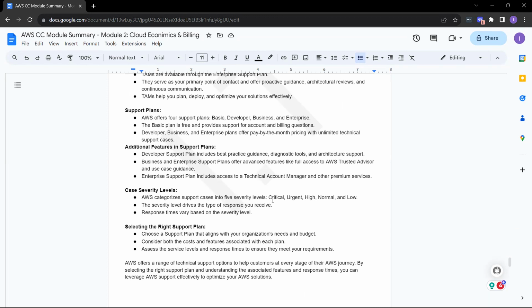AWS has 5 severity levels: critical, urgent, high, normal, and low. The severity level determines the level of response that you receive, so the response times vary based on the severity level.